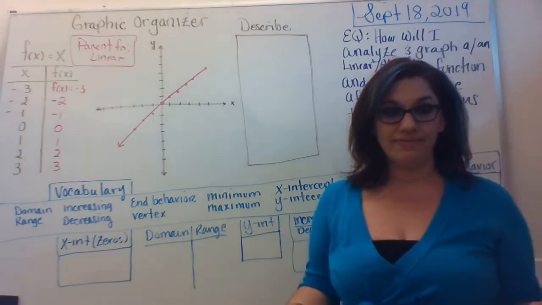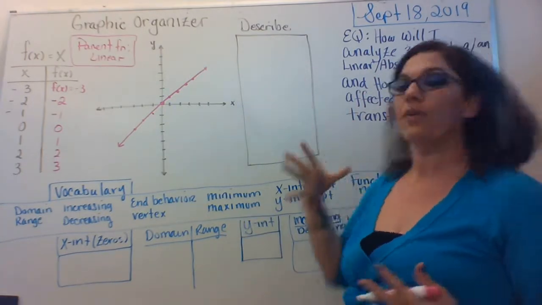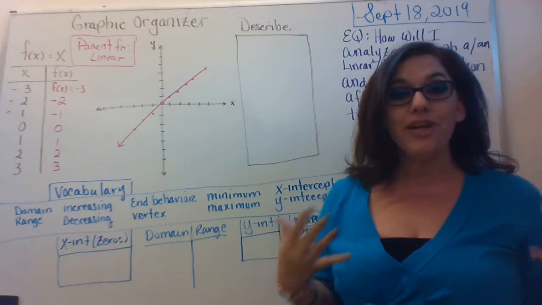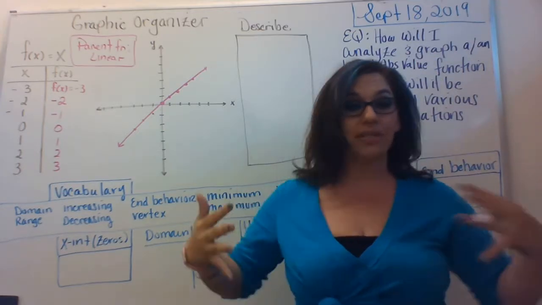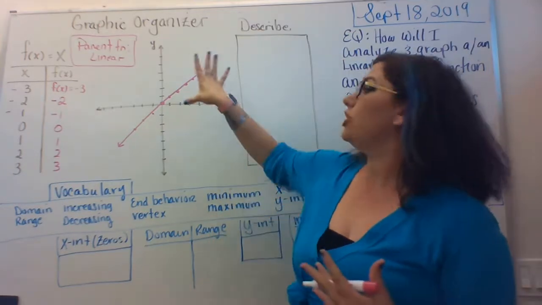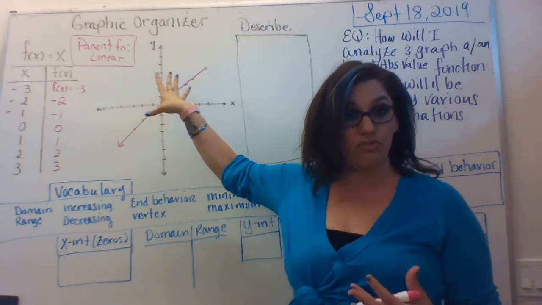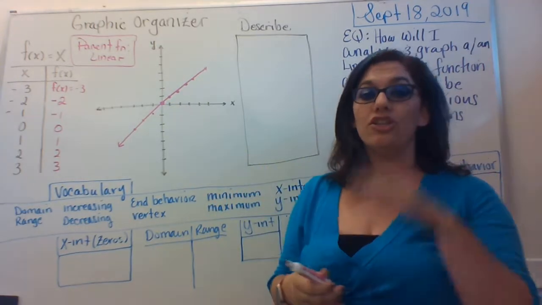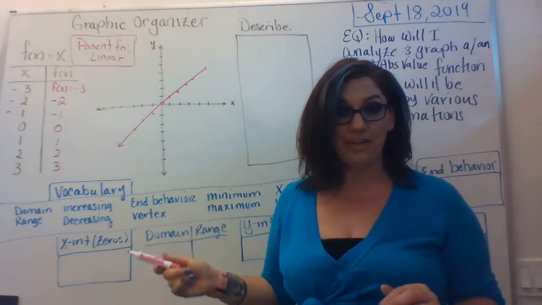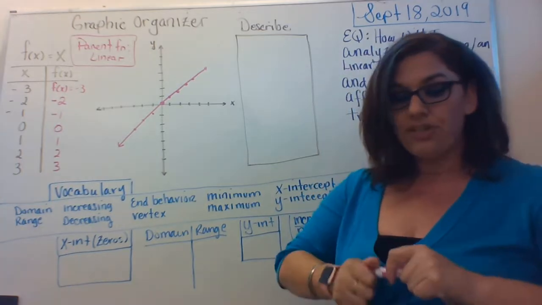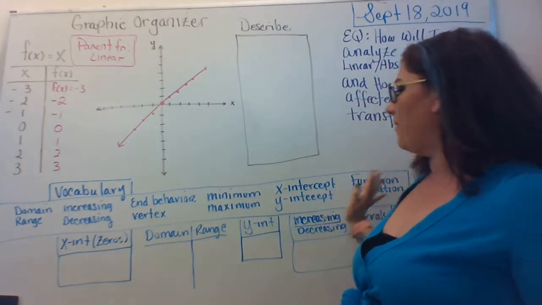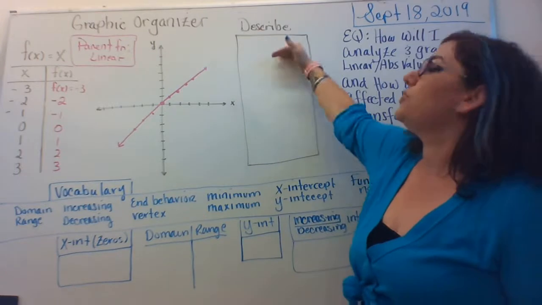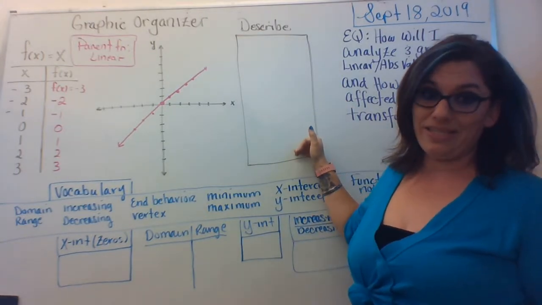Parent function. I want to describe what's going on with this parent function. So I know when I do a transformation, how is it going to be different? What should look different from this function right here? Because they're all going to be children of this one parent function, okay? So we have a list of vocabulary that we can use to describe what we see.